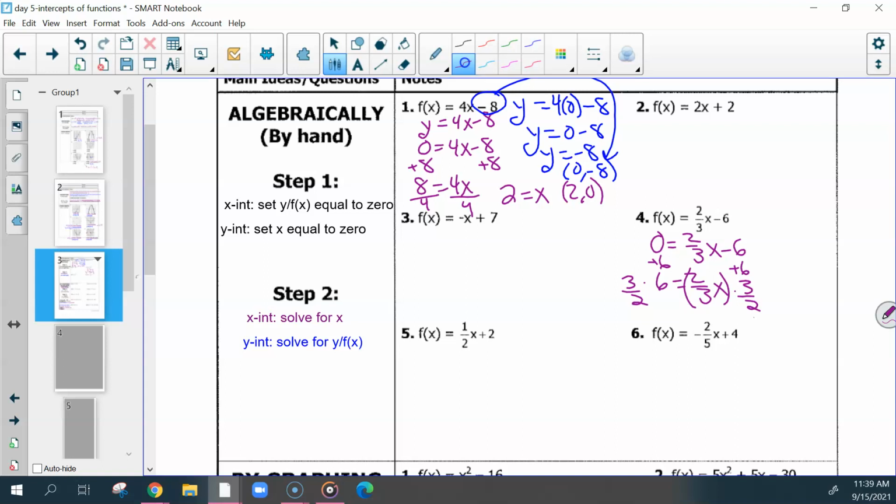Two-thirds times 3/2 would give us what number? 1. And 6 over 6, which is 1.